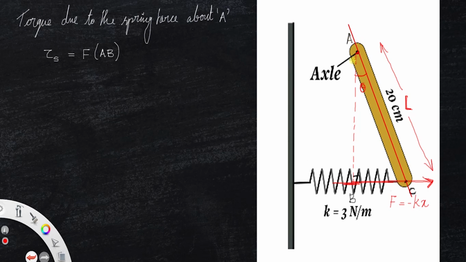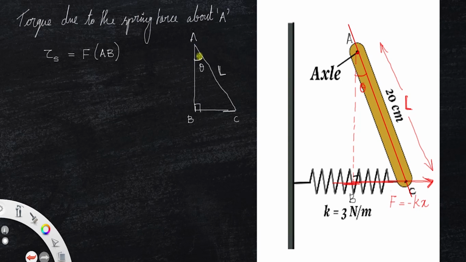So let me draw this triangle here for convenience, that is ABC. The triangle is like this. It's a right triangle. A, B, C, here it is 90, and we know this angle is theta. This AC is L. We need to find first AB.